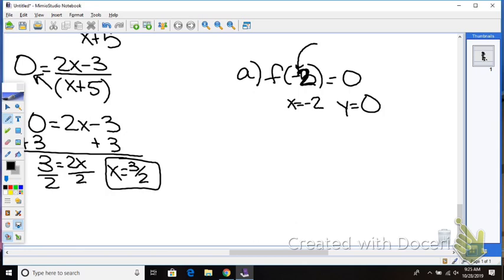Let's try another one. Let's do f of 1, because that one's kind of easy to see. So our x value is 1. So we put our finger on 1, and we go find the graph, because it's not right on the line there. And what would the output be when x is 1? Negative 2?